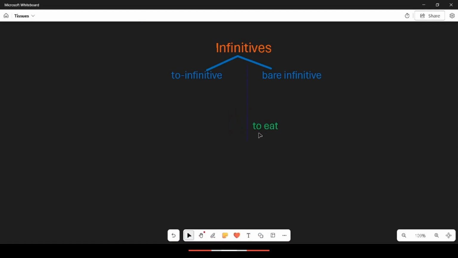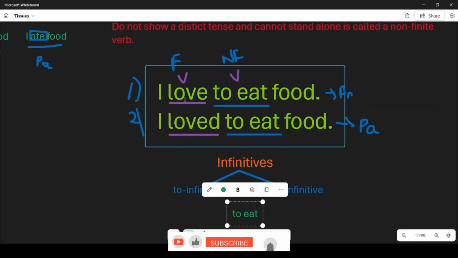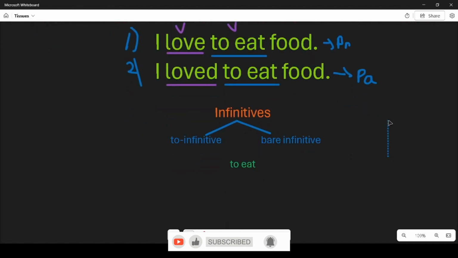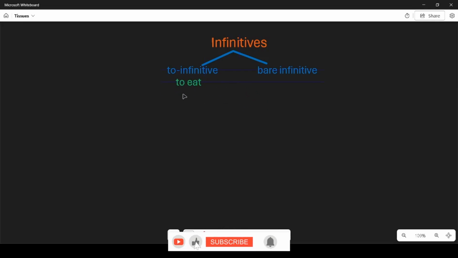Now this to eat is a non-finite verb, as we saw in the example up here. I love to eat food. I loved to eat food. So it became an infinitive. You can say that this to eat is a to infinitive. So when we add the word to before a verb, it becomes a to infinitive, and when we don't, it becomes a bare infinitive. First let's discuss in detail the to infinitive.